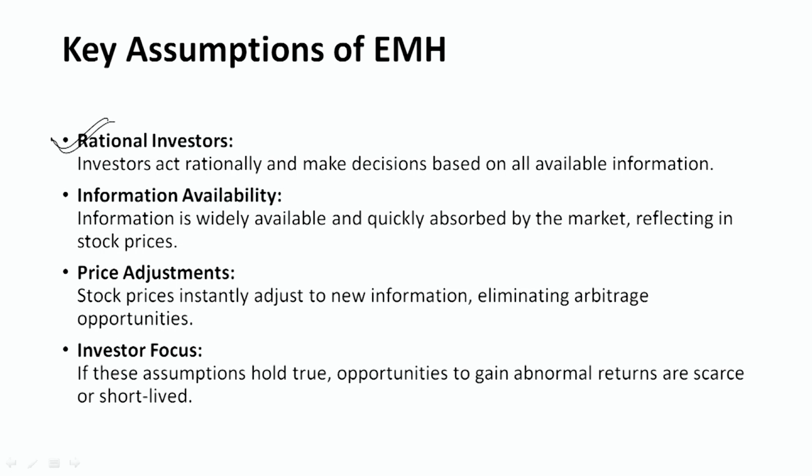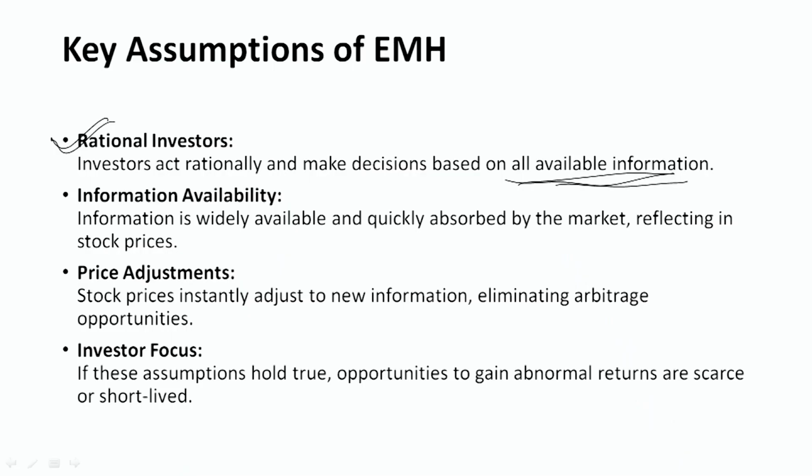What do you mean by behaving rationally? It means they are taking a decision based on the information available in the market, whether published, non-published, or anything of that sort. The investors have a mindset to invest in those stocks which they feel are going to do well based on past information. That is the rational behavior of an investor.